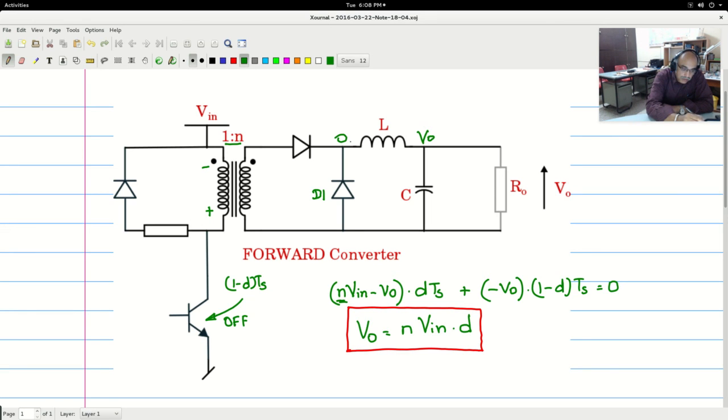And when the inductor here is freewheeling in this fashion, this diode is off, secondary is open, the primary is also freewheeling in this fashion. In the primary, this is positive with respect to the dot end, so there will be a freewheeling action happening here.